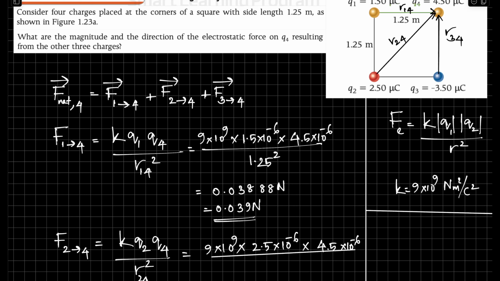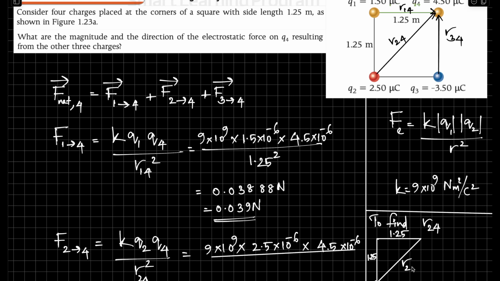To find R24, let's focus on this right triangle here. It's a square, right? This side is 1.25 meters. This side is also 1.25 meters.